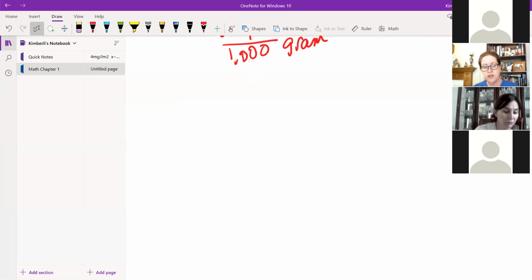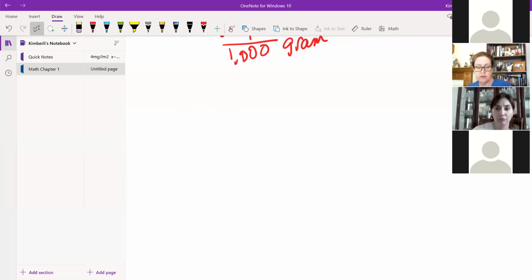And then as you go down, 1/10th of a gram is a decigram, 1/100th of a gram is a centigram, and 1/1000th of a gram is a milligram, and the milligram is the one that we use most often. They don't have the units for 1/10,000th and 1/100,000th.